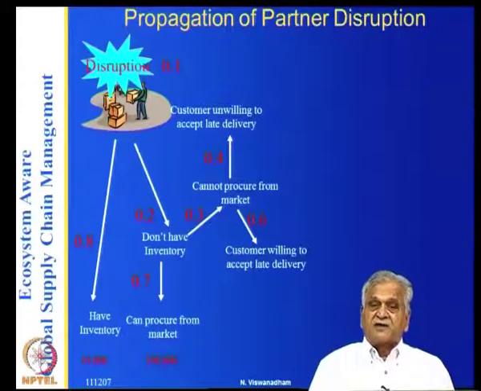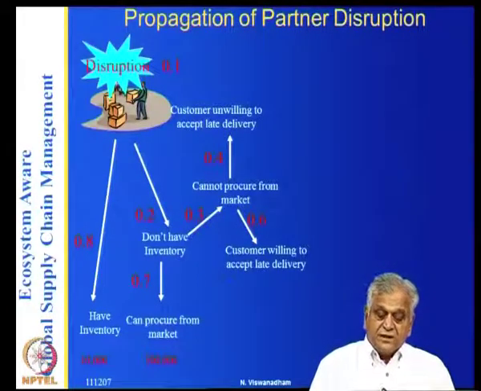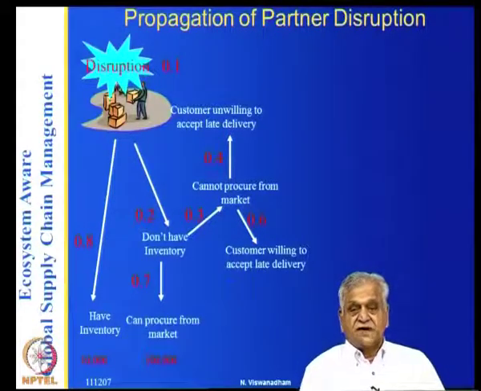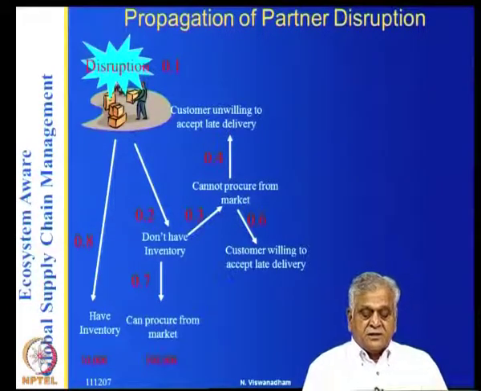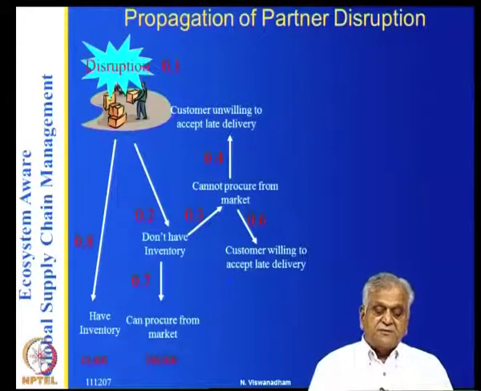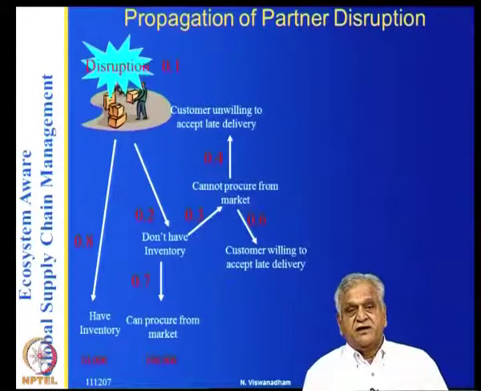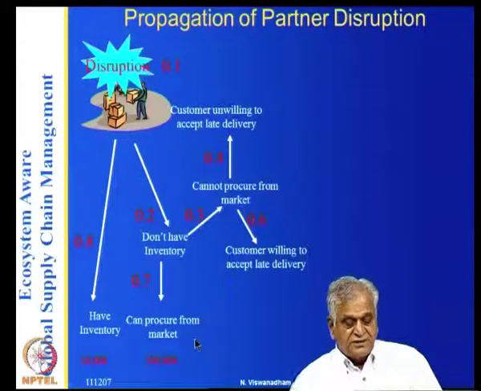Can I deliver after 1 month? If the customer is willing to accept the delivery, then you are done. You have time; you are basically buying time. If the customer is unwilling to accept, he will try to procure from some other place and so on.